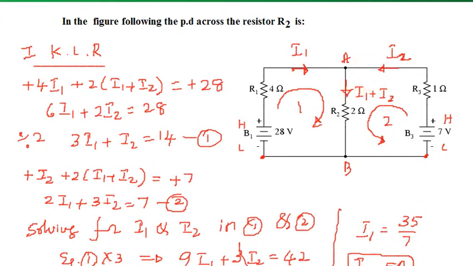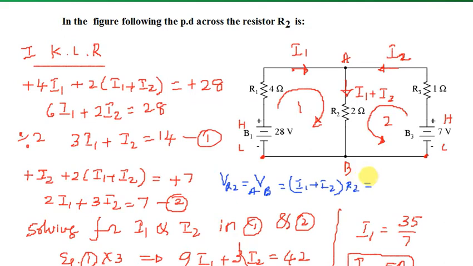For that, what I have to do is in the middle branch the potential difference across R2 is equal to the potential difference between A and B, which is equal to the current I1 plus I2 multiplied by resistance R2.